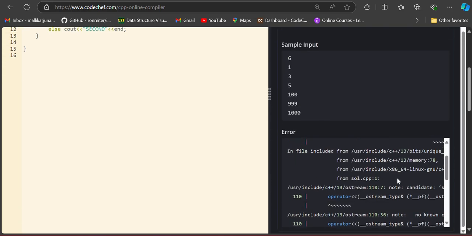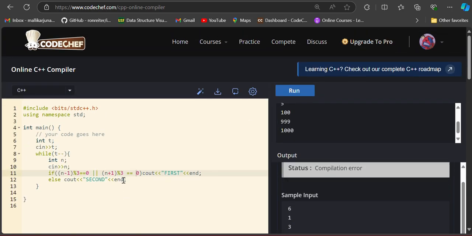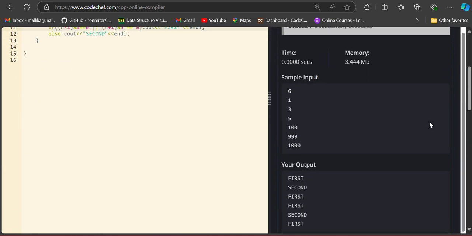So now let's check again. See out first and ln. Oh, again, sorry. Here it is endl. The presence of enter in this line just goes to the next line.